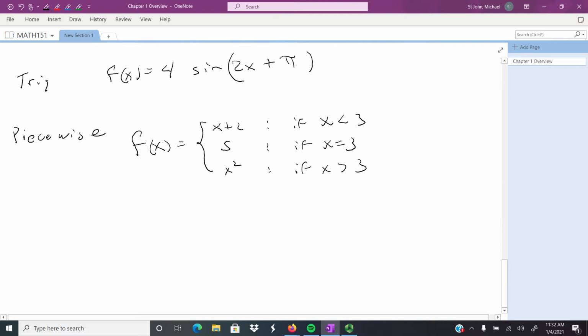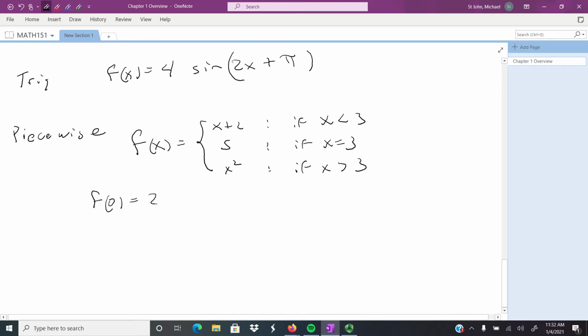Right? So if I ask, for example, what is the f of 0? Well, the f of 0 would be 2. The f of 3 would be 5. And then the f of 7 would be 49.